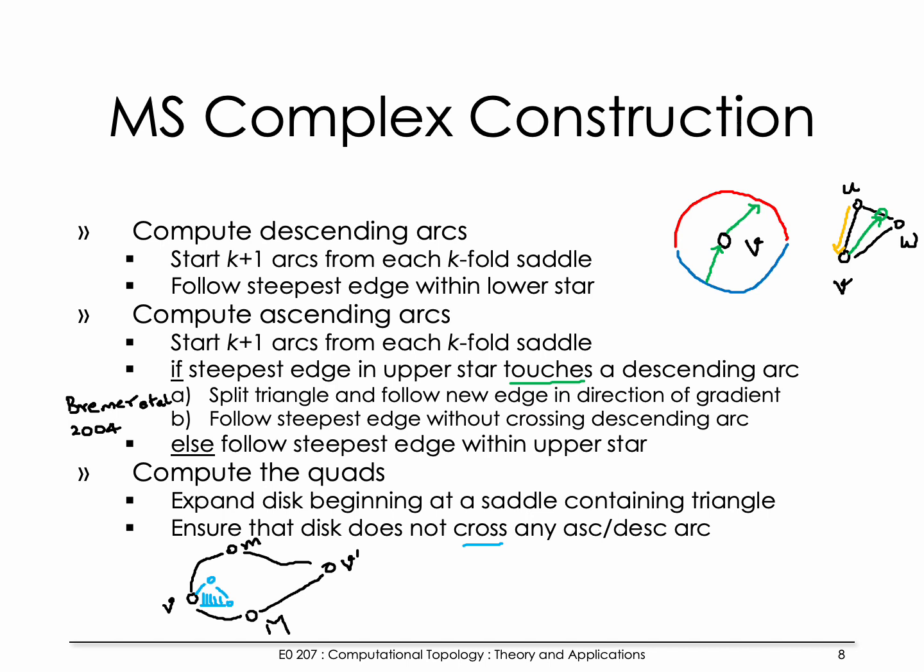So you essentially are bounded by the arcs V to little m, V prime to capital M, and capital M to V. So via this flood-fill approach with restrictions, you can compute one of the quads that contain V. So similarly, you can compute all the quads that contain V, and extending this to all the saddles, we can compute the two-dimensional cells of the Morse-Smale complex.